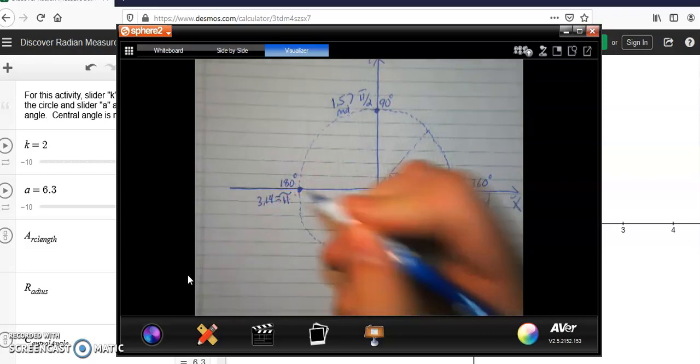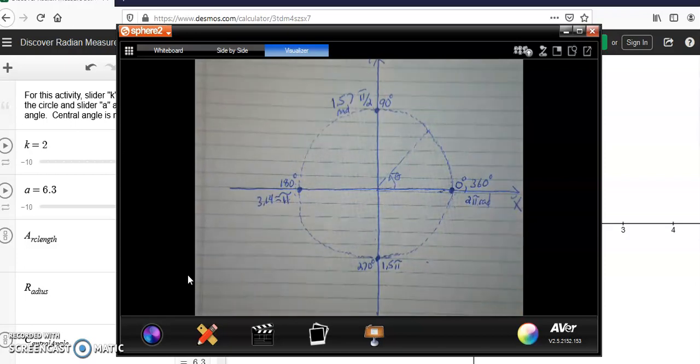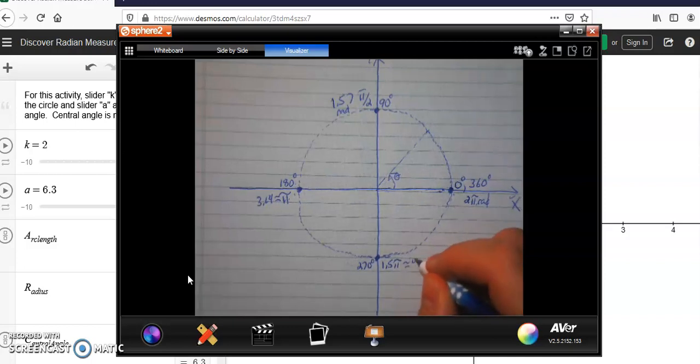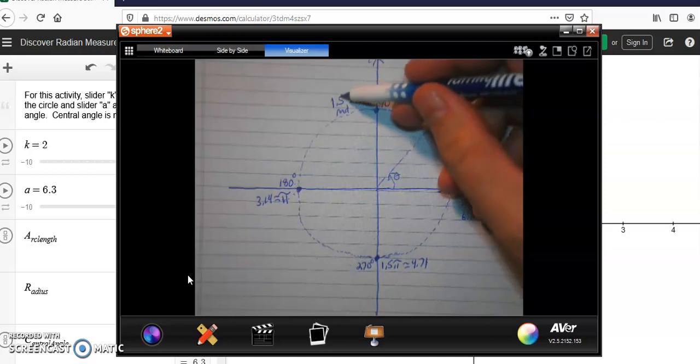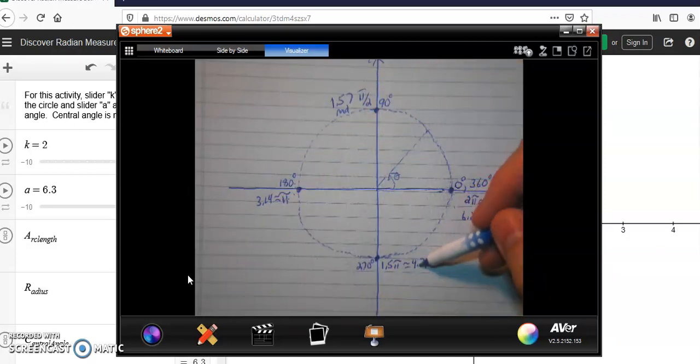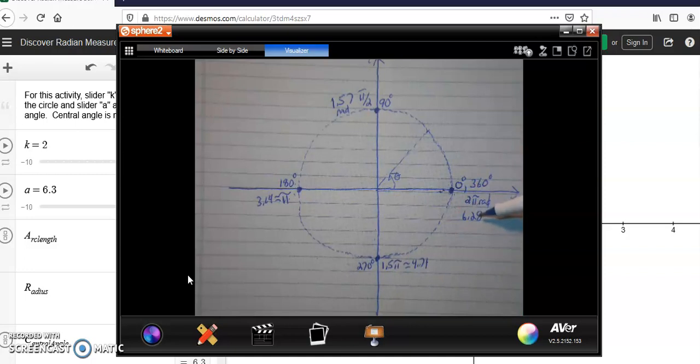And I'm just rounding to the nearest hundredth. And then if you do 1.5 pi, you get about 4.71. And then 2 pi is about 6.28. So if you're asked to draw an angle and you're in radian mode, you may also look at the decimals starting at 0, 1.57, 3.14, 4.71, and 6.28.